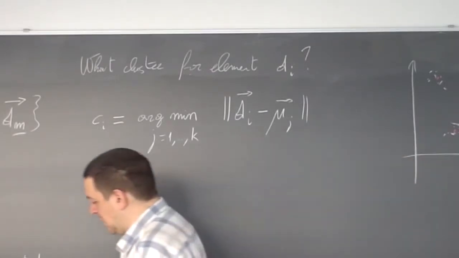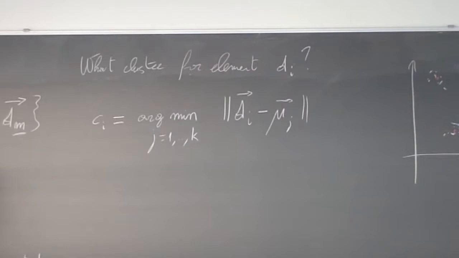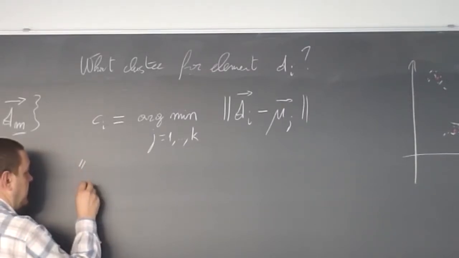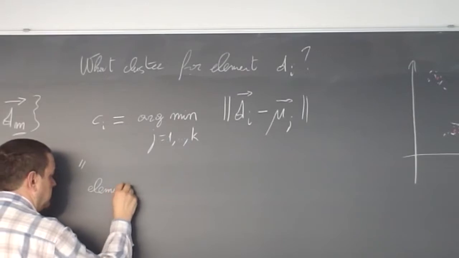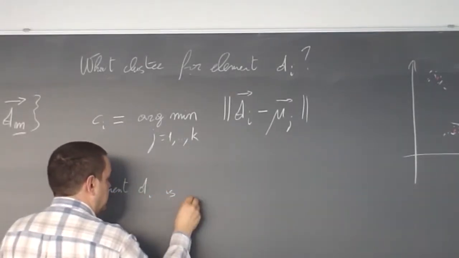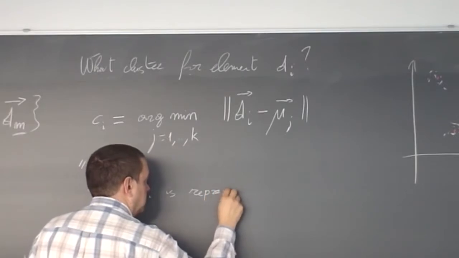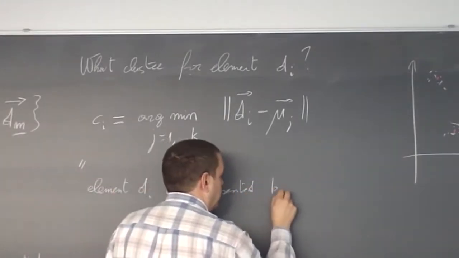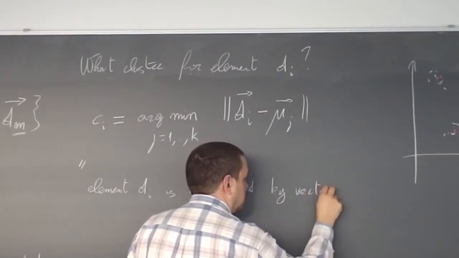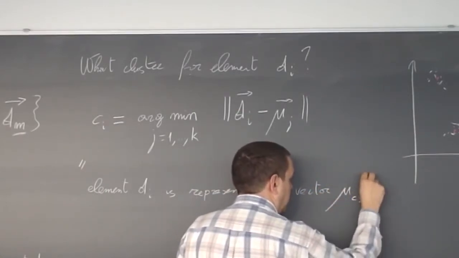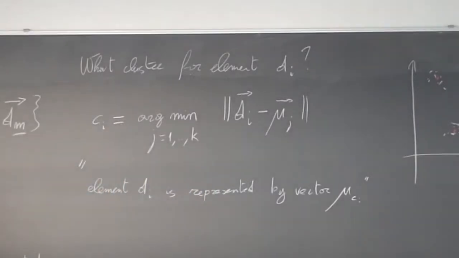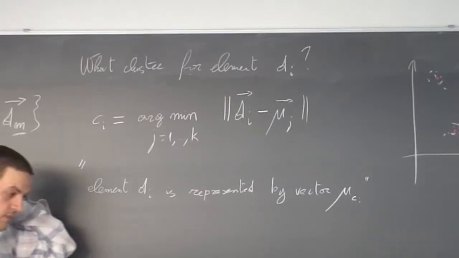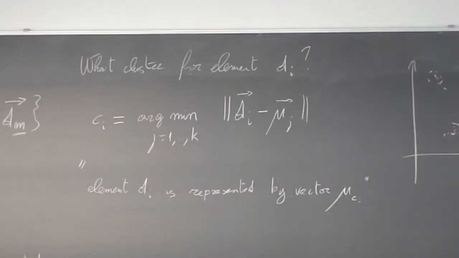So in some sense, we can say that element di is represented by vector mu Ci. When we cluster according to this method, we want to replace every element with its representative.